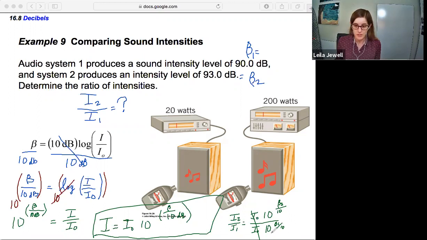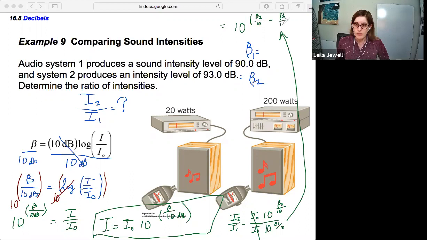Since the power bases are the same, they're both 10 raised to some other power, we can rewrite this division as subtraction of the exponents. So I could write that the ratio is equal to 10 raised to the beta 2 over 10 minus beta 1 over 10.